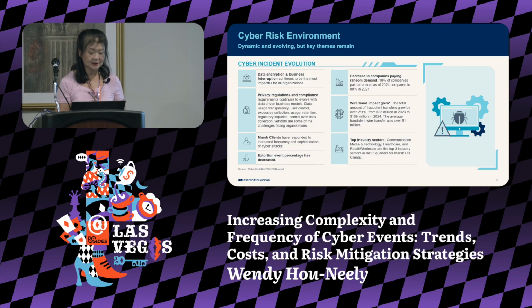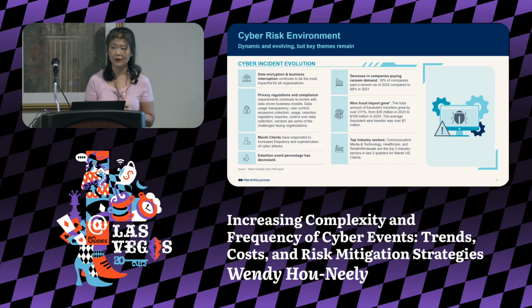The good news is that, although we have increased frequency and sophistication of attacks and definitely see more events this year, extortion events percentage-wise, compared to all cyber events, business interruption and privacy breach, have gone down.